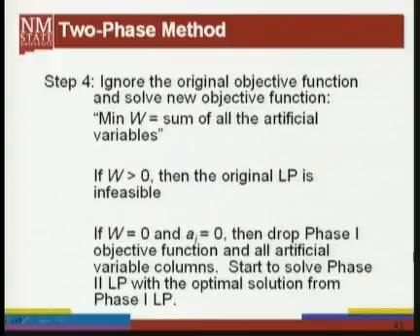And then start to solve phase 2 LP, which is the original problem with the optimal solution from phase 1 LP. Of course, the optimal solution to the phase 2 LP is the optimal solution to the original LP problem. Okay? Is that complicated?